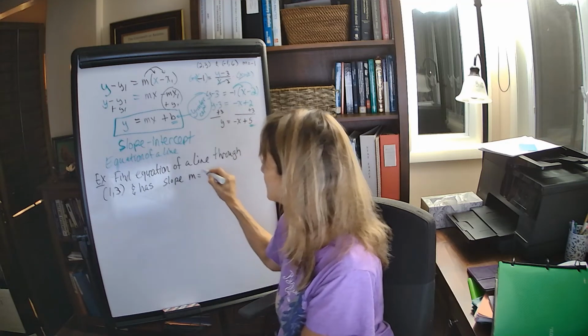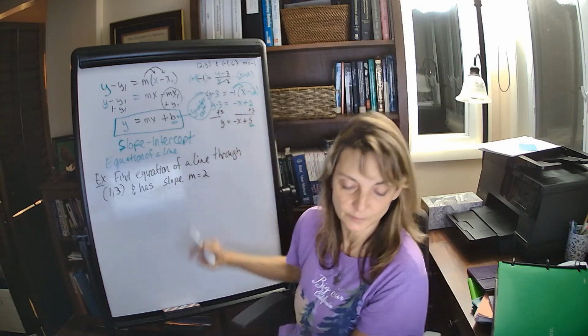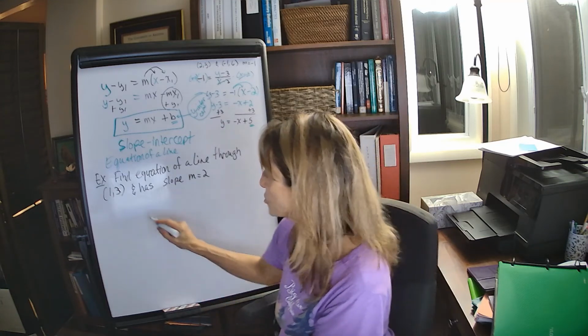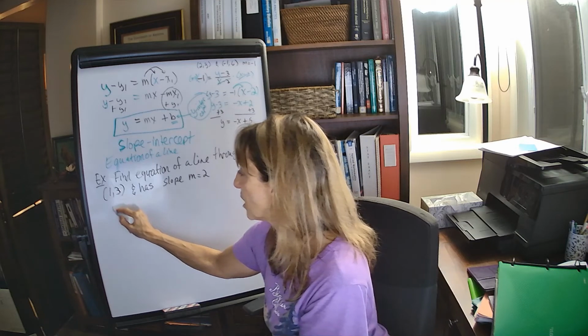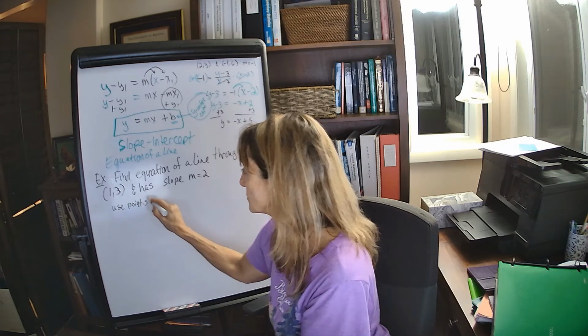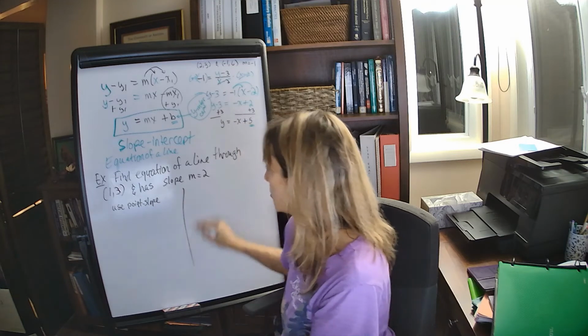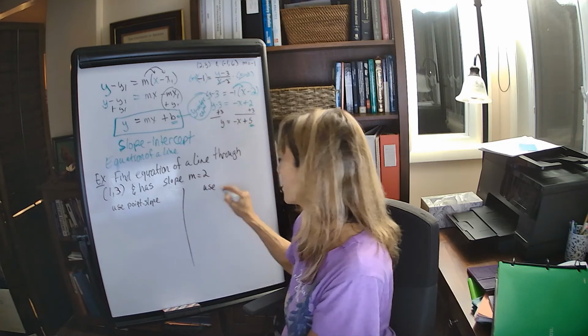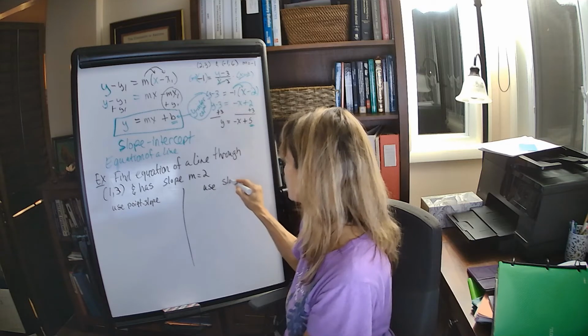I'm just going to go ahead and say m equals 2. All right, so there are two ways to do this. We can use the point-slope equation of a line, or we can use the slope-intercept.